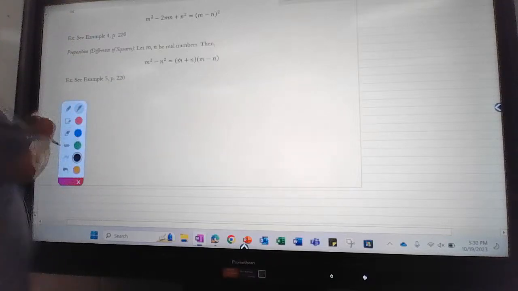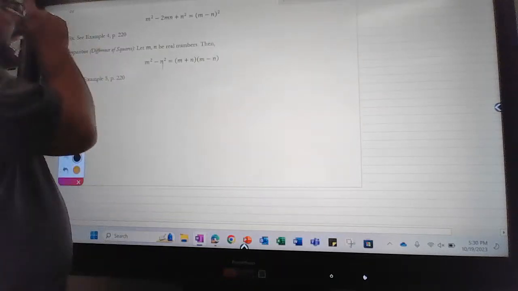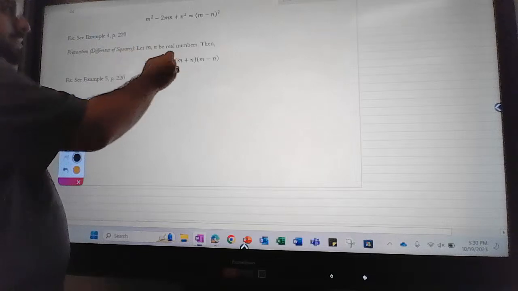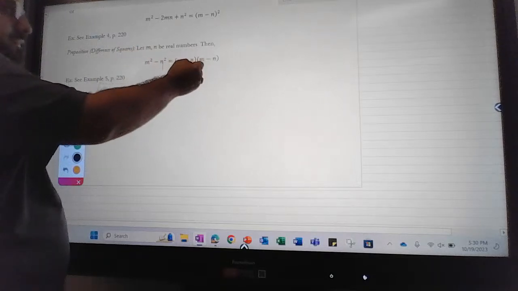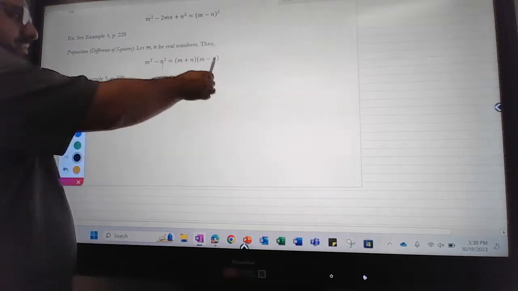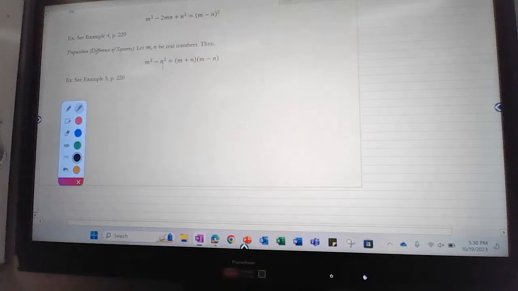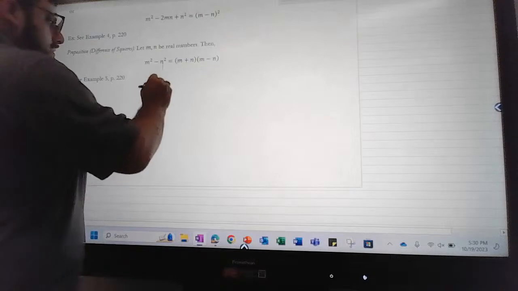So again, if you're looking at the factored form, you'll know that you get the difference of squares if the factors are almost exactly the same, except the signs are different. Okay.